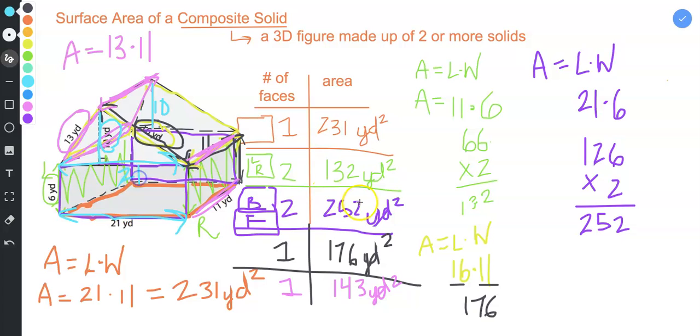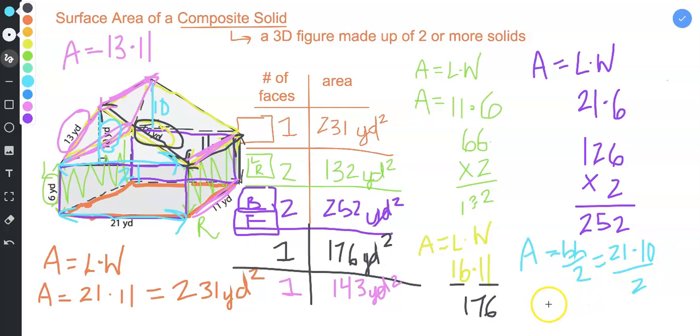So this triangle, when we fill in area equals base times height divided by 2, we are going to fill in a base of 21, a height of 10, and then we'll divide that by 2.